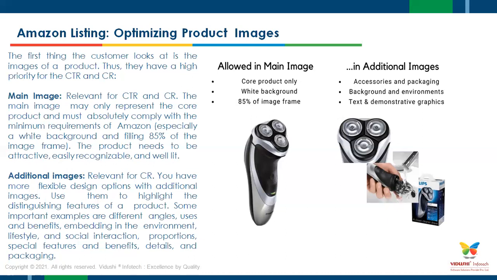It has one close-up image, which is showing the upper part of the product. Second image, the middle image, is showing that this trimmer is washable. You can wash it under the tap.